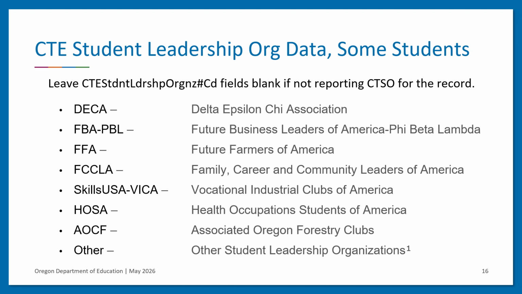A third code and a fourth may be entered in CTE Student Leadership Organization 3 code and CTE Student Leadership Organization 4 code, respectively, if a student participates in the matching number of organizations. The code table is on screen now and is available in the CTE Student 2526 User Guide, the CTE Student File Format, and in the Consolidated Collections Reports tab.